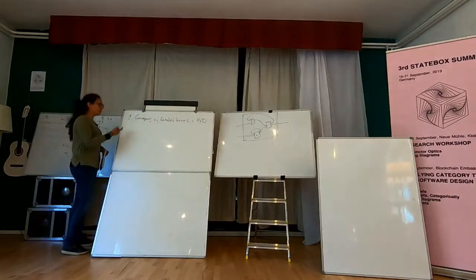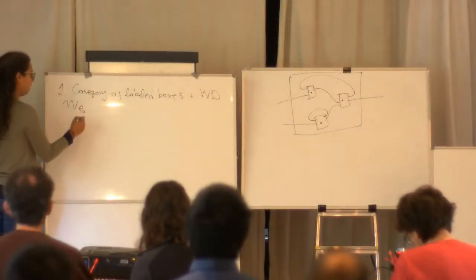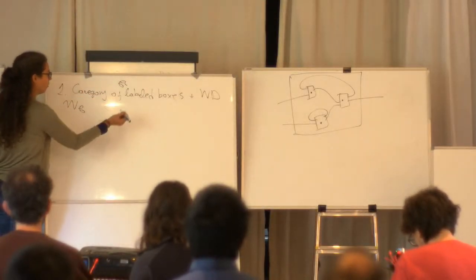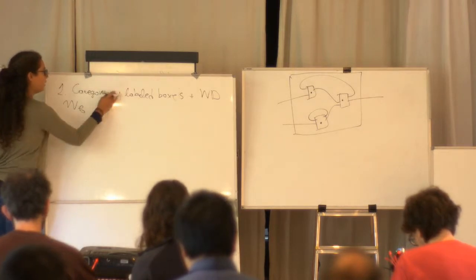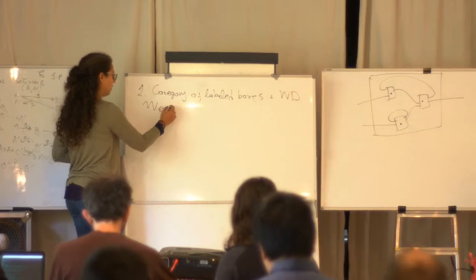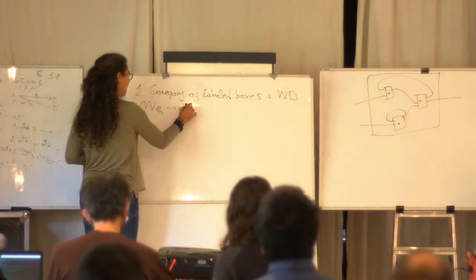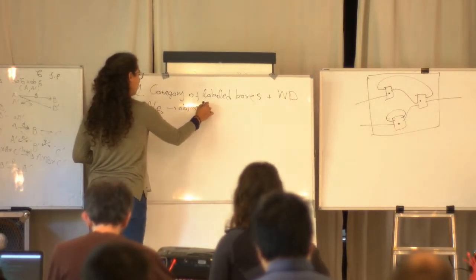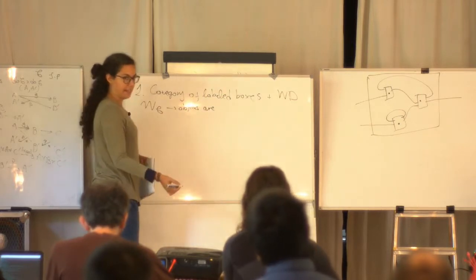So it's a category, okay? It's WC, the category of C-labeled boxes. Well, let me just keep it here. But I'm just going to always have a fixed type here, and you'll see why this is important. So the objects of this category are pairs of finite sets.